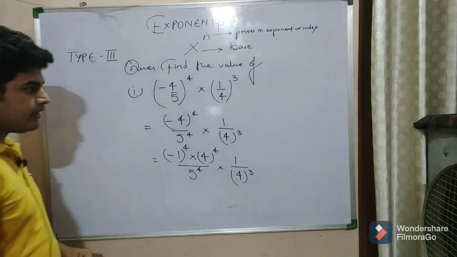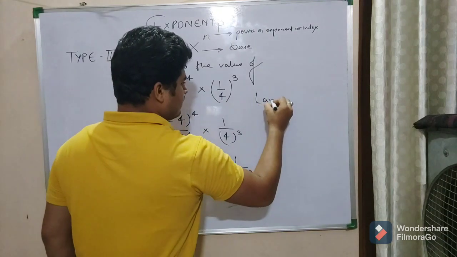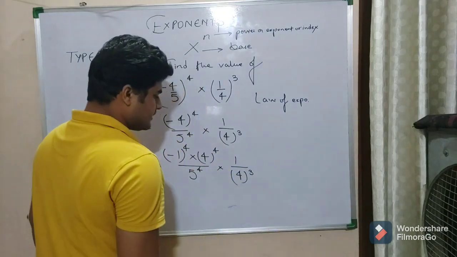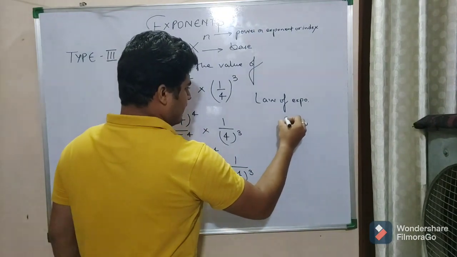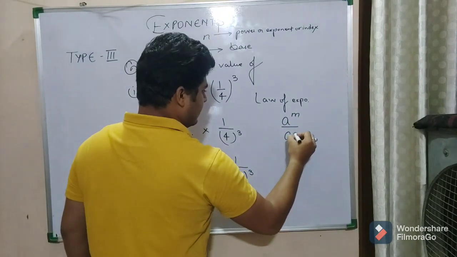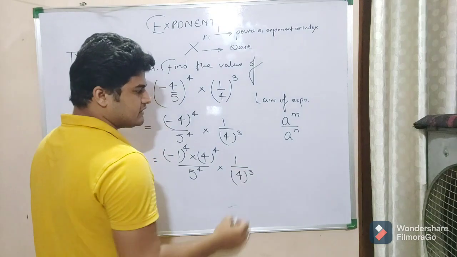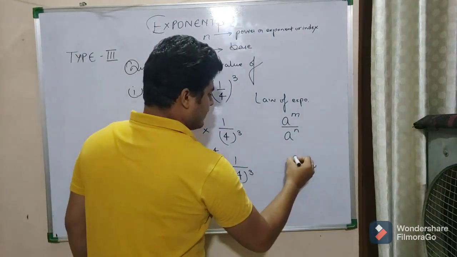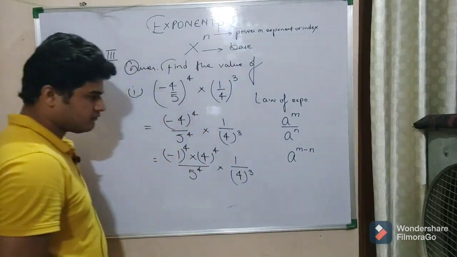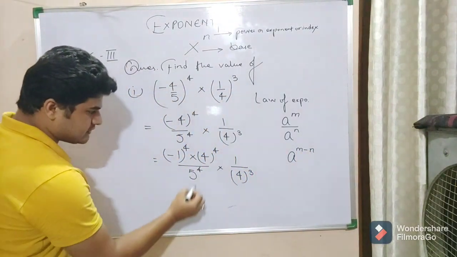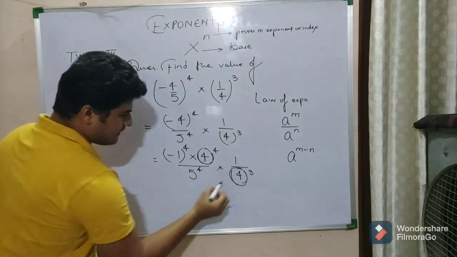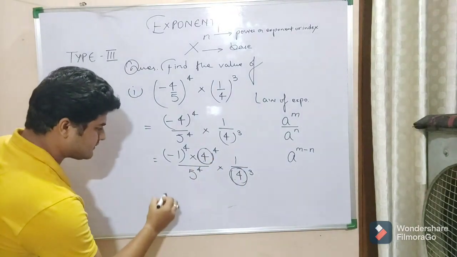Now here you can apply a law of exponent, which says that if there is a number a raised to the power m and there is the same number a raised to the power n in division, then you can write it as a power m minus n. So this 4 and this 4 are the same and having different powers.